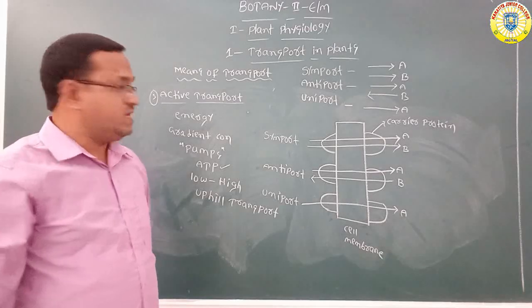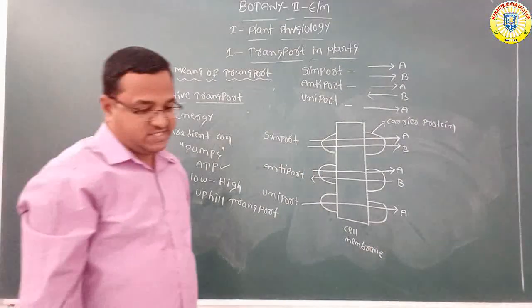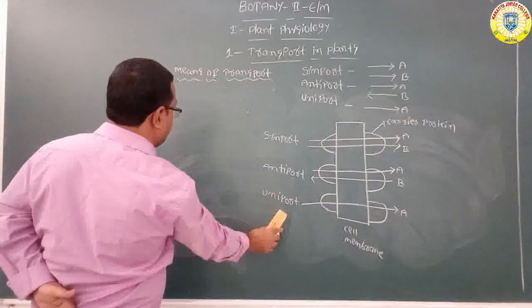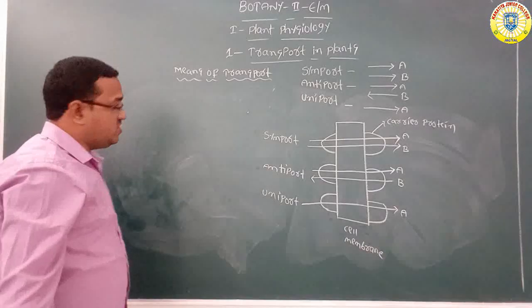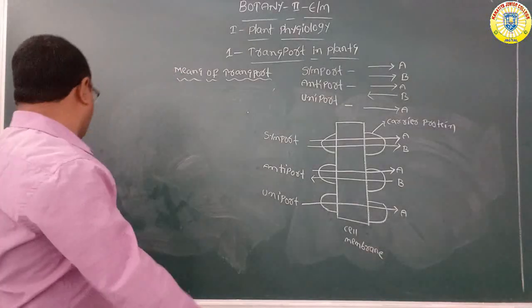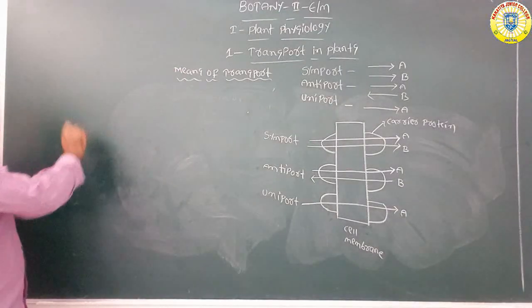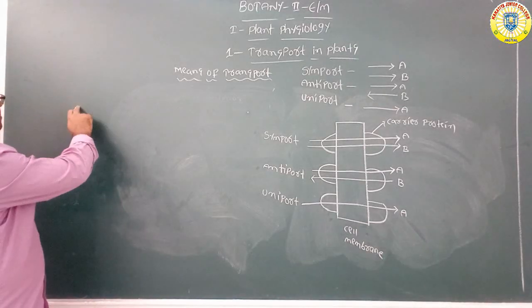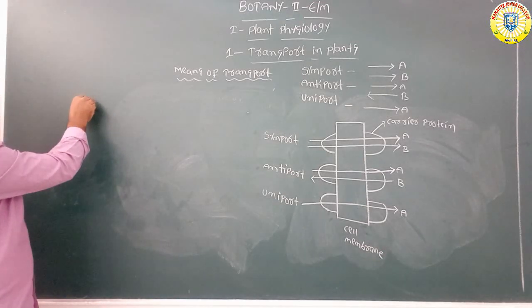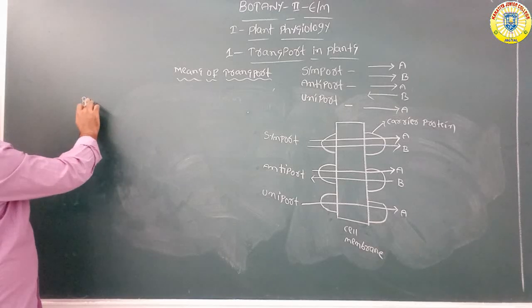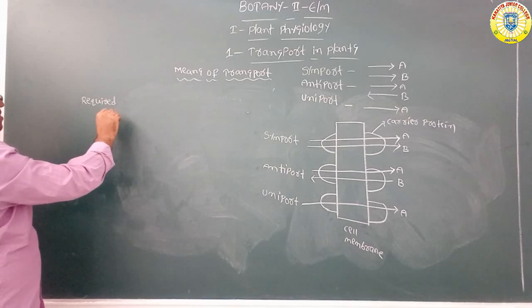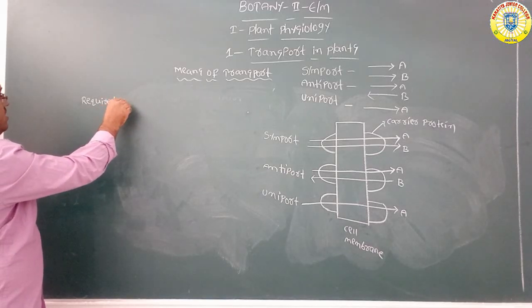Okay. Next, what are the main differences between these three types of transport? For that, one box is there, and with the help of the box we can clarify the differences between these diffusions. Okay. First character: required membrane proteins.